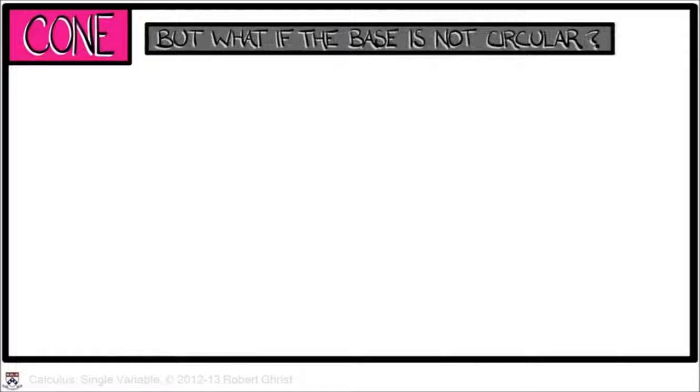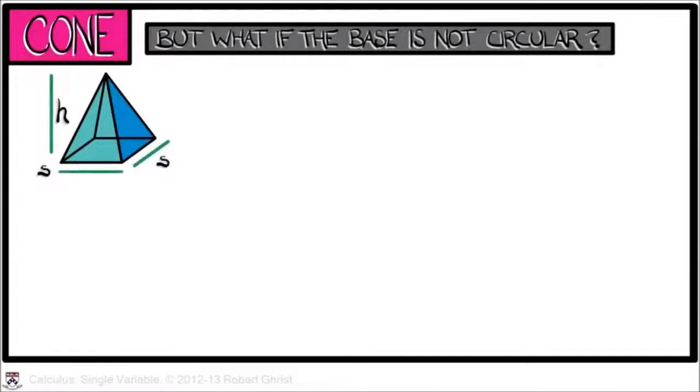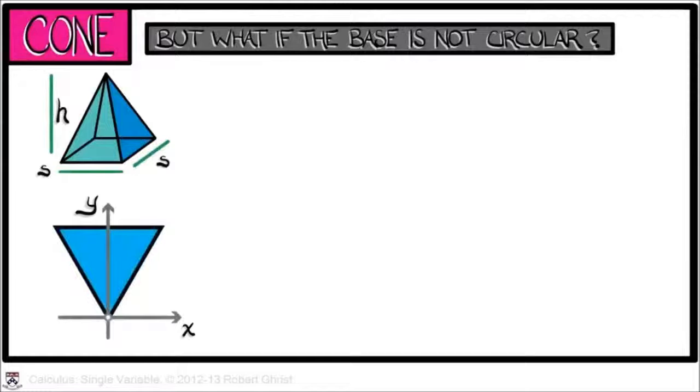Now, what happens if, instead of a cone with a circular base, we consider something else? Let's say a square of side length s. Proceeding as before by turning the cone upside down and slicing along lateral planes, we see that the volume element is a thickened square of some side length.